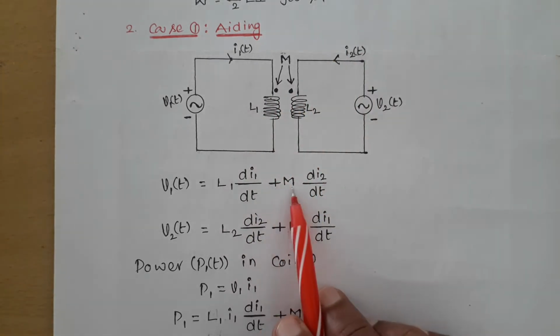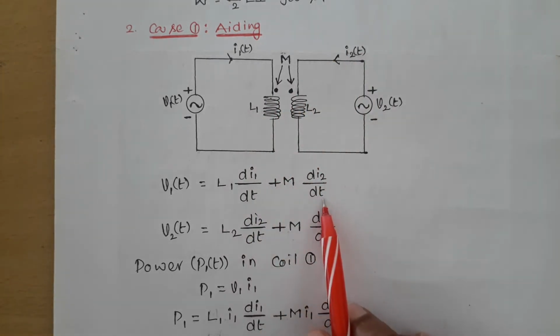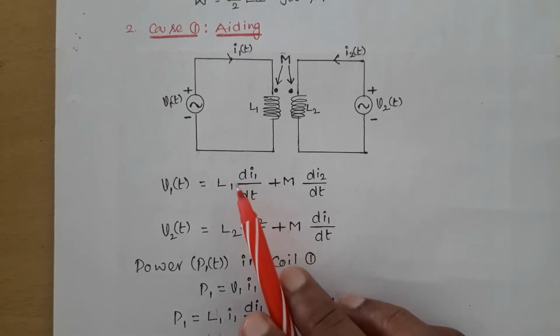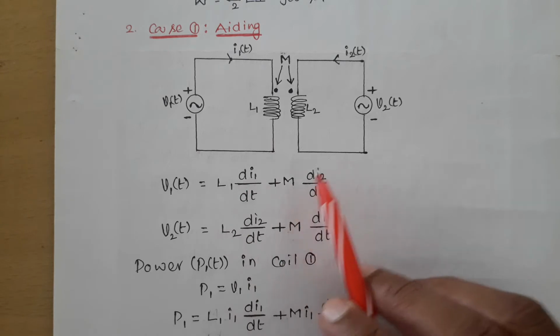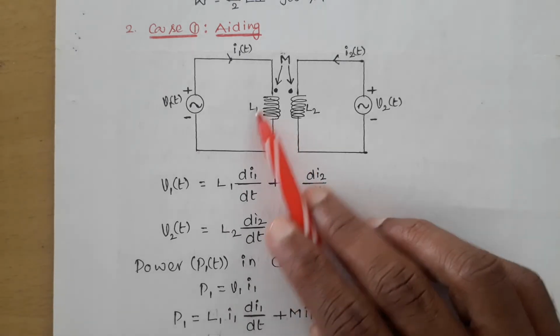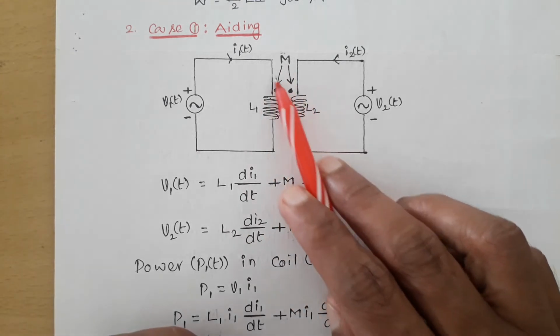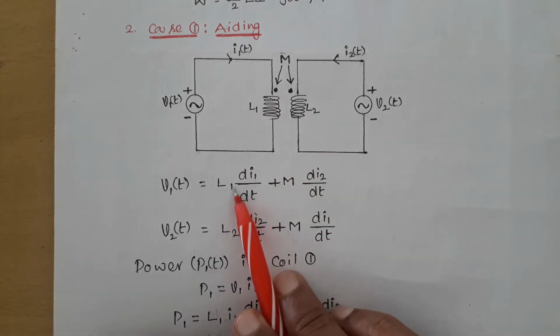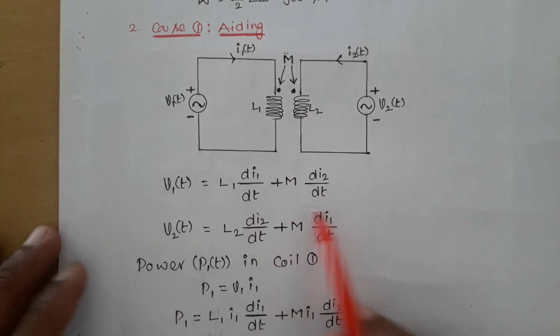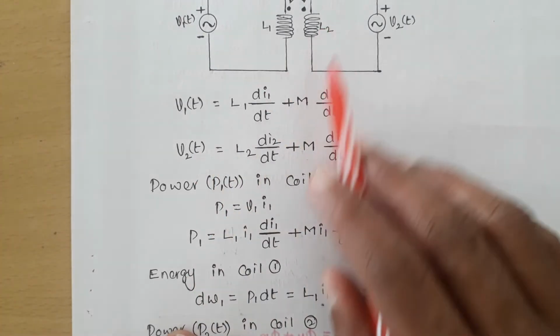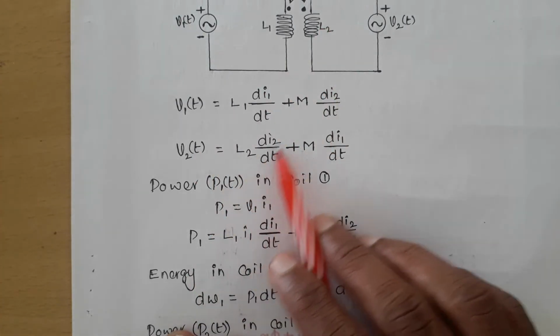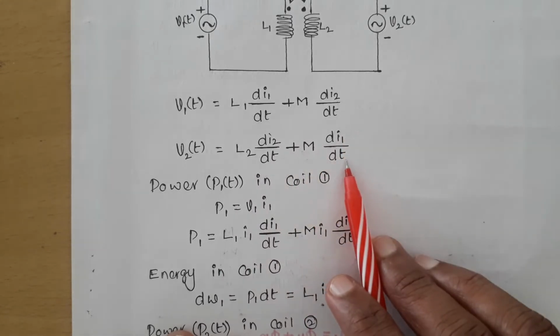L1 di1/dt is the voltage across L1 because of self inductance, and M di2/dt is the voltage because of mutual inductance. Similarly, voltage across coil 2 is L2 di2/dt plus M di1/dt.